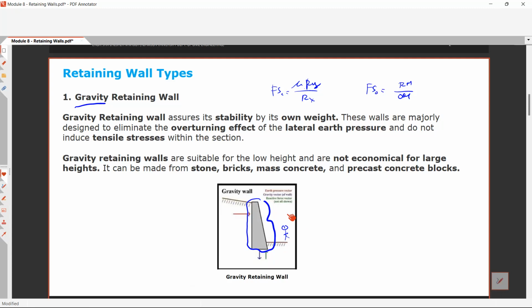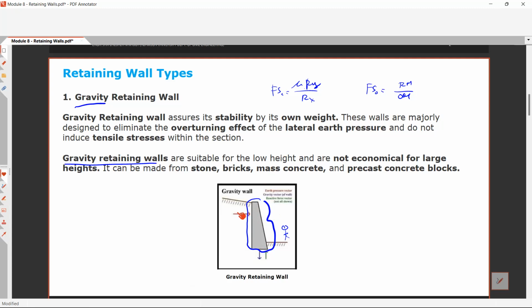So this is not economical for very large heights. For our retaining walls, take note, this is not economical for a very large height of excavation because it is much more expensive. That is why it is not used for, let's say, a 4-story-deep excavation. That is very high. Imagine the volume of concrete.